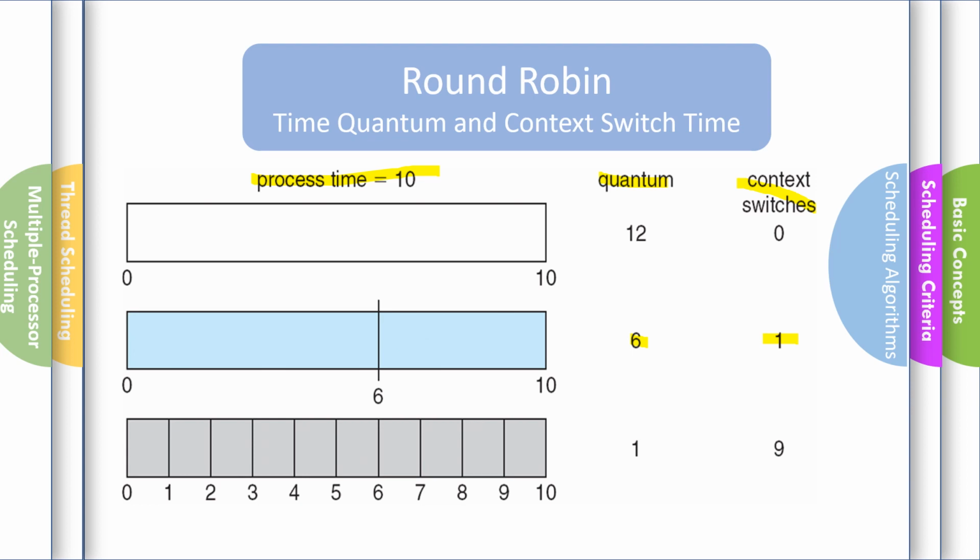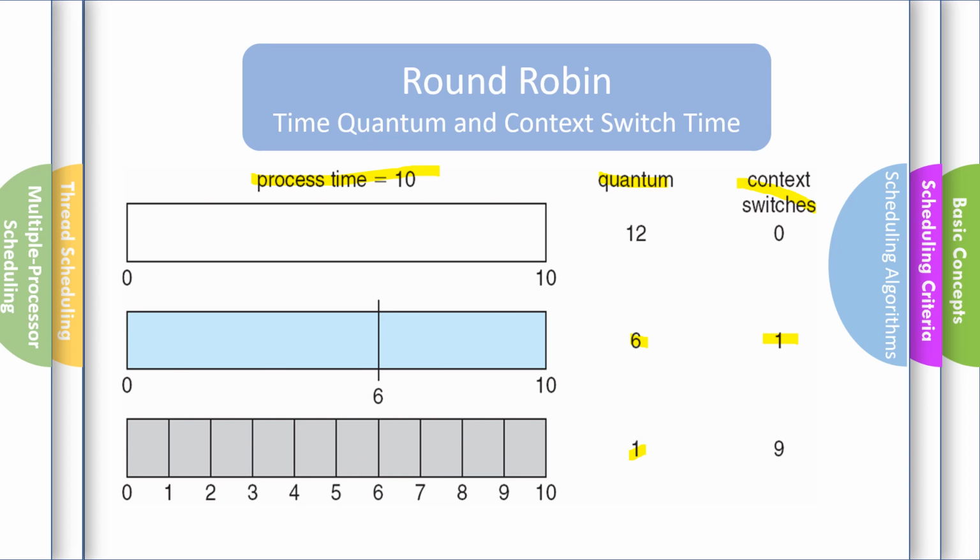So even though it is a single process running in the system, it will be removed from the CPU and again put back into the CPU for execution. So one context switch is required. If you give a time quantum of 1, then the number of context switches that will take place is 9.